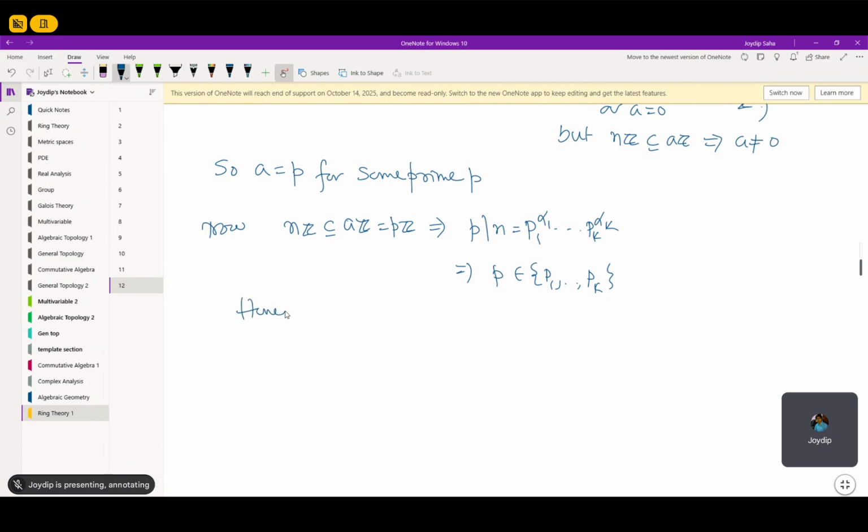Hence, Spec of Z mod p1 to the power alpha 1 up to pk to the power alpha k Z equals p1Z quotient p1 to the power alpha 1 up to pk to the power alpha k Z, up to pkZ quotient the same.